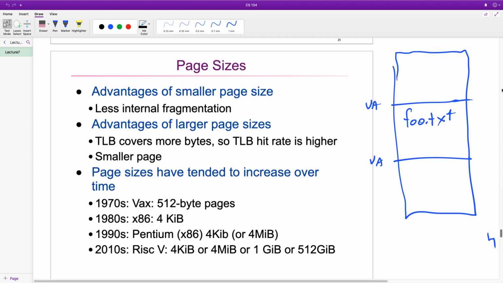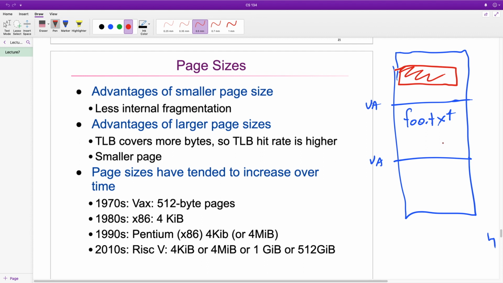So, page sizes. Smaller page sizes, less internal fragmentation. Because remember, if we have a page, let me use foo.txt. How much internal fragmentation does this memory mapped foo.txt have?